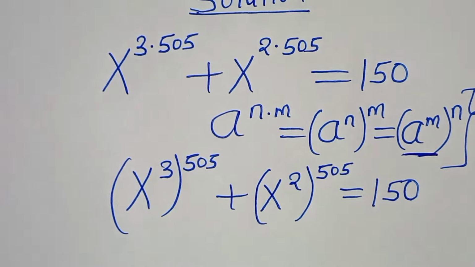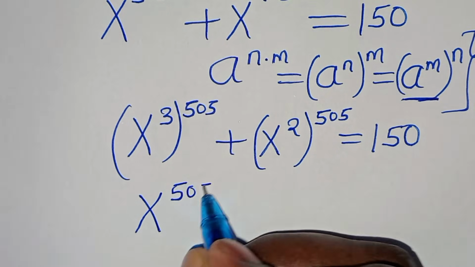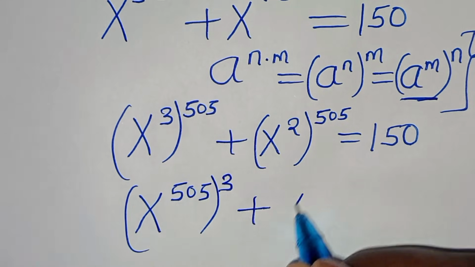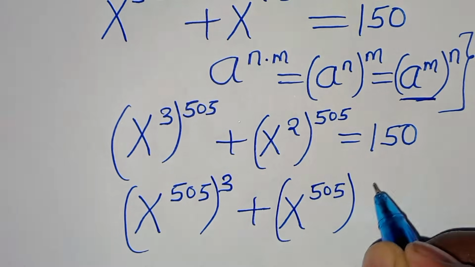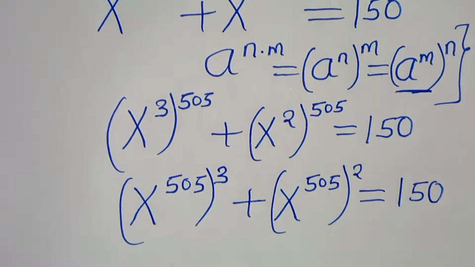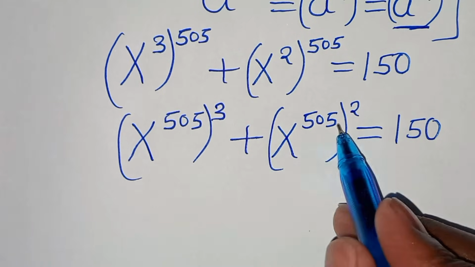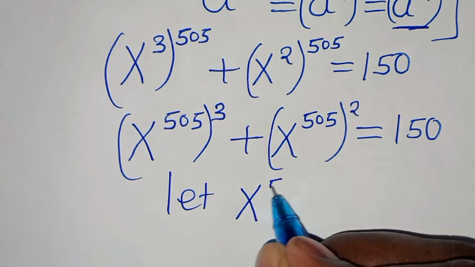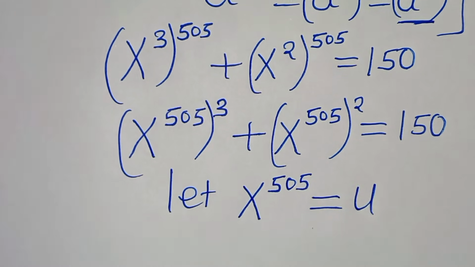Applying this property, we have x to the power of 505 raised to the power of 3, then plus x to the power of 505 raised to the power of 2. This is equal to 150. We have x to the power of 505 here and x to the power of 505. So we can let x to the power of 505 be equal to u.